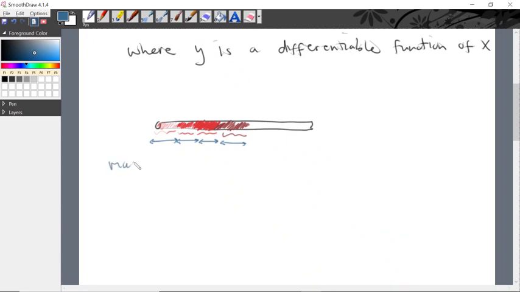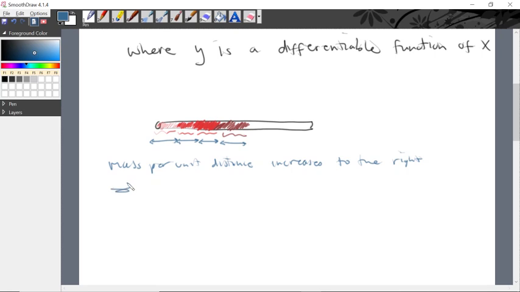Okay, so we have mass per unit of distance for this one-dimensional object. Here that mass increases as we move to the right.